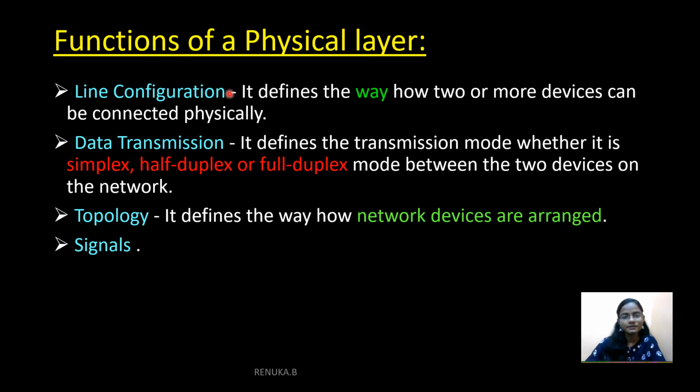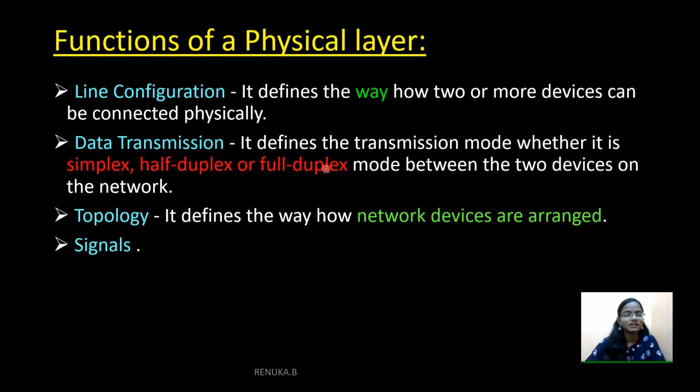So the line configuration defines the way how two or more devices can connect physically. It is concerned with the connection of devices to media, like a point-to-point or a multi-point connection. The next is data transmission.